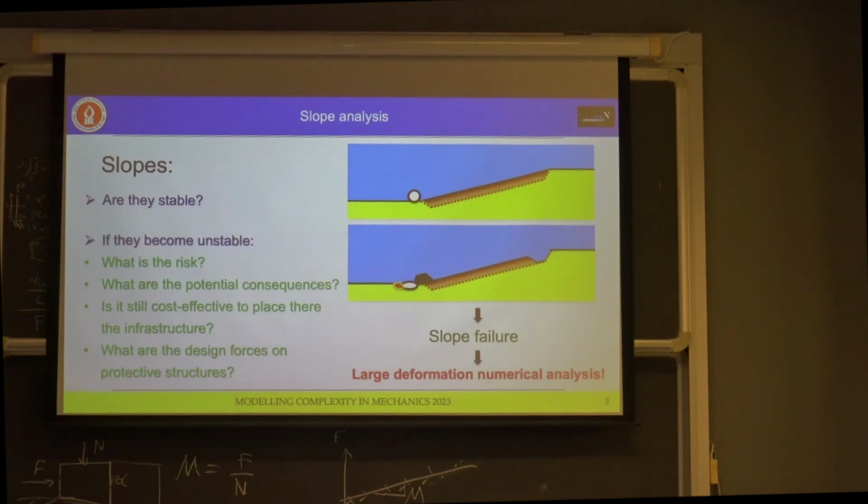So our task now is to evaluate the impact forces on the infrastructure. That is the main purpose. In this case, what we have to do is perform large deformation numerical analysis.